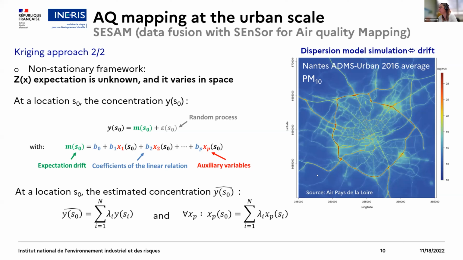In this study, we chose to use output from a dispersion model simulation as an auxiliary variable. So we use the ADMS 2016 average of PM10 concentrations as a drift for this kriging procedure.